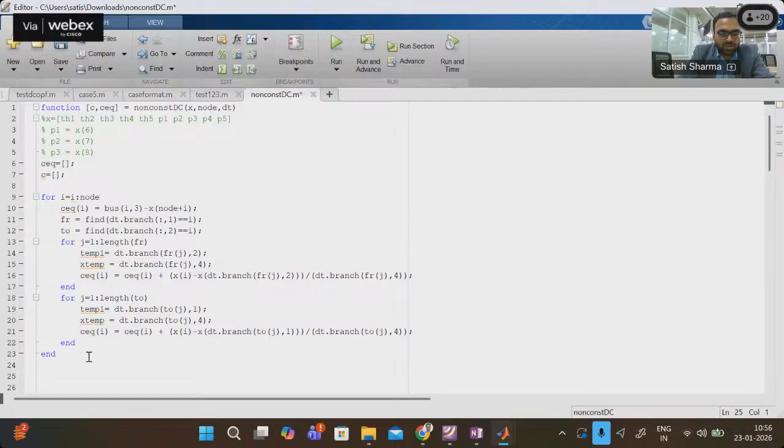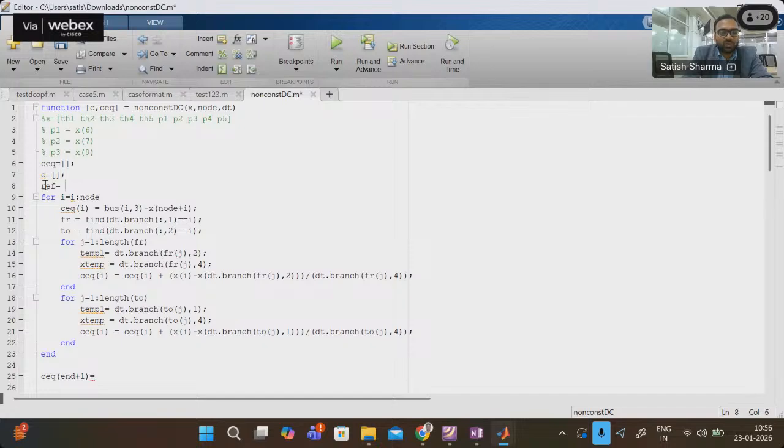What I will do is Ceq of end plus 1 equals to, and x equals to 0 for the reference bus. So first of all I have to identify what is the reference bus.